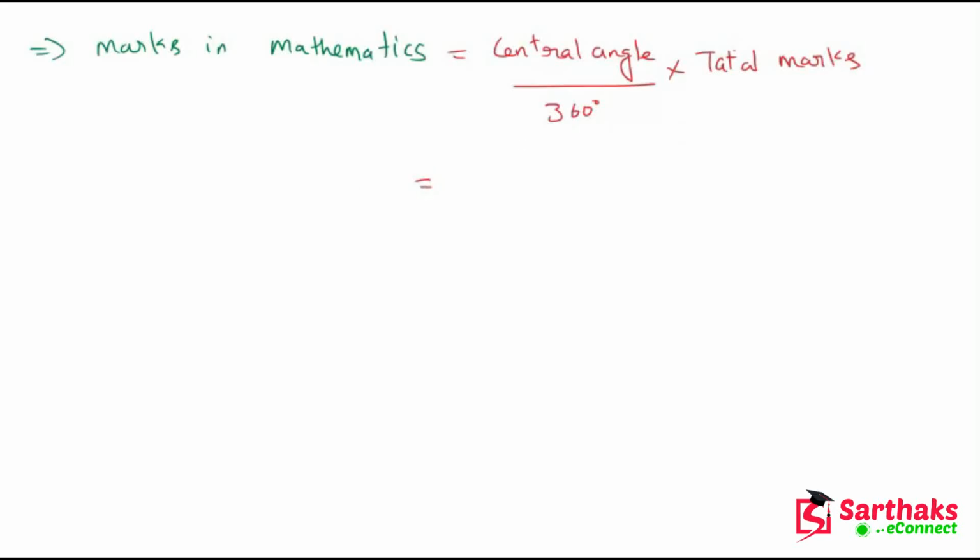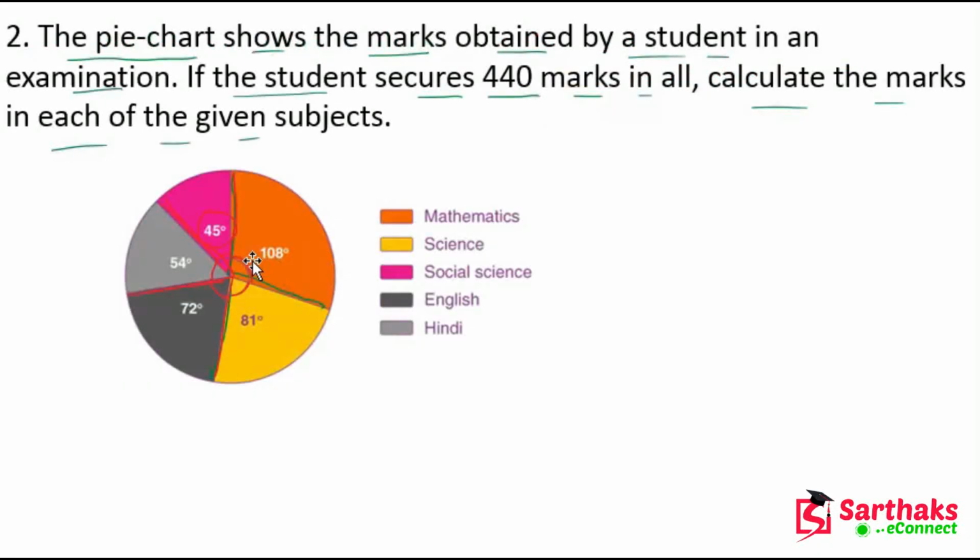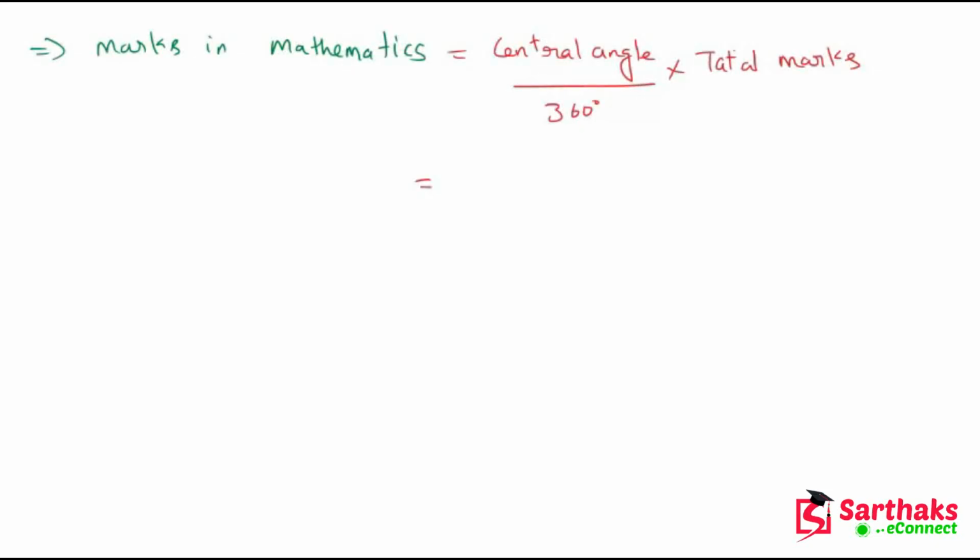So the central angle of mathematics is 108 degree. So we can write 108 divided by 360 degree into total marks, we know that total marks is 440.